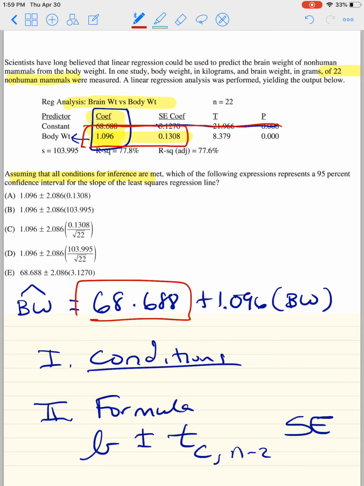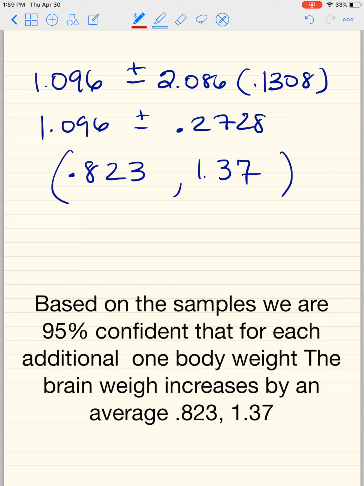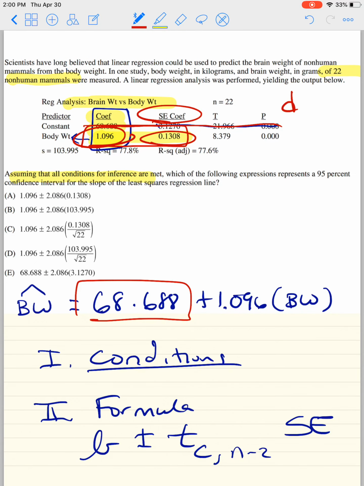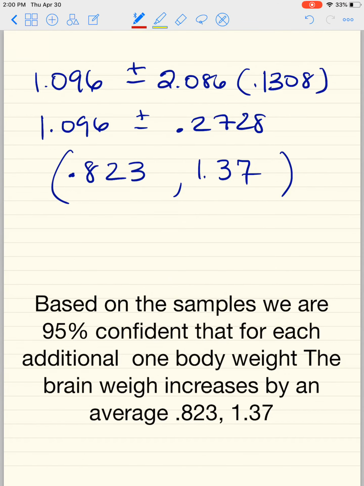This is my sample slope. This is my standard error. So here's your formula. 1.096. I went to my t. My t was 20 degrees of freedom. Okay, when I went to look it up, it was 2.086 times the standard error, 0.1308.